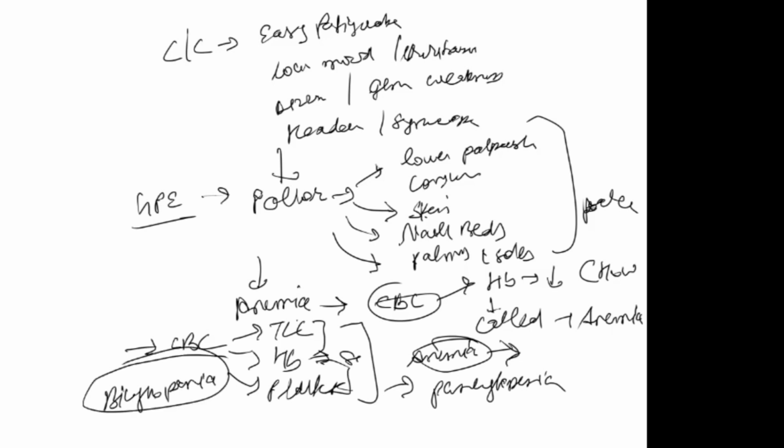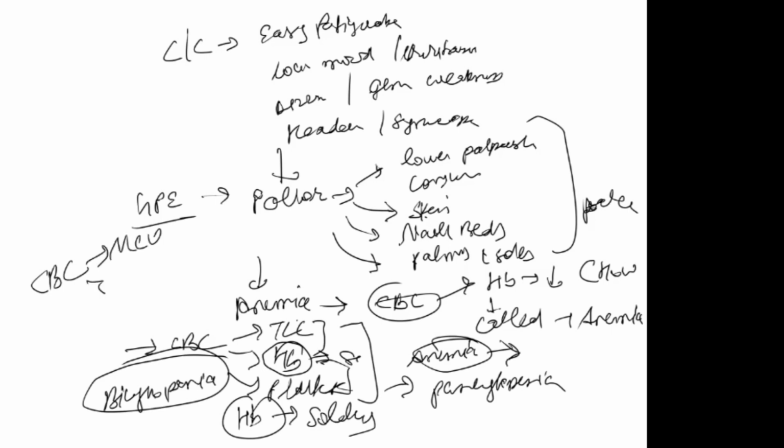If any two lineages are affected, it is called bicytopenia, and the approach will differ according to the lineage affected. Our main focus is on hemoglobin, that is solely anemia. Other things we see in the CBC report are MCV, MCH, and MCHC. According to those, we will classify the anemia.